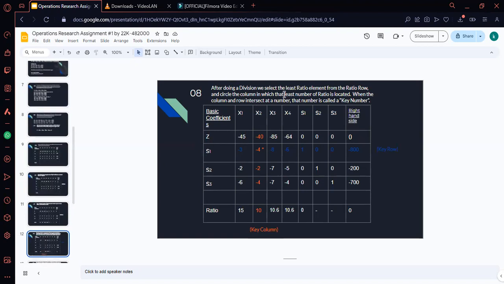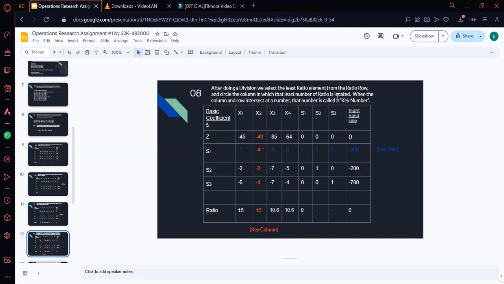After we have performed the division, we will now select the least ratio element from the ratio row. In the ratio row, you will see that 10 is the least element. So we'll highlight 10 and the column in which 10 is located.